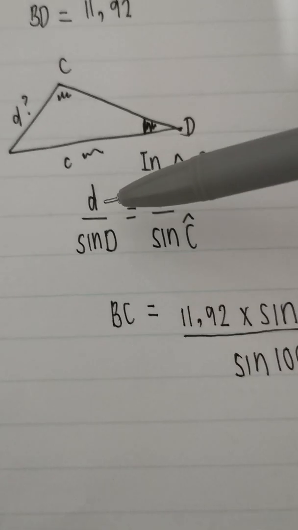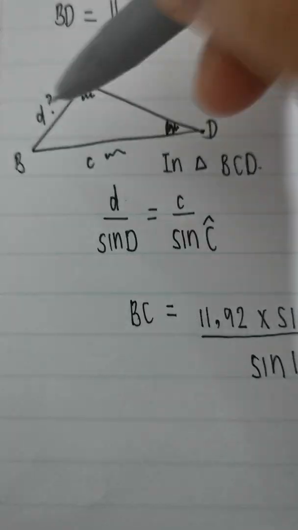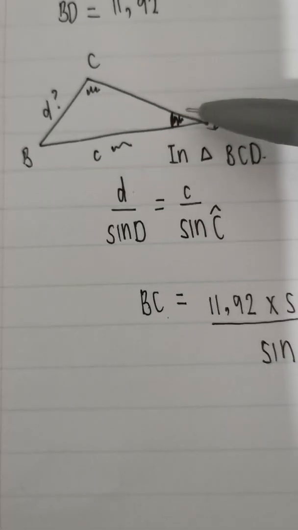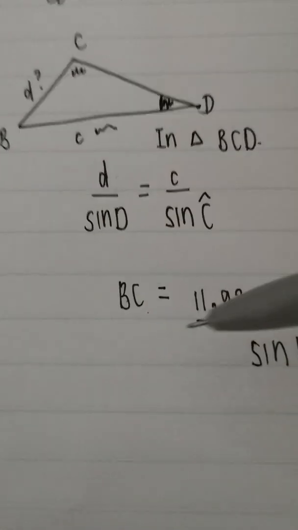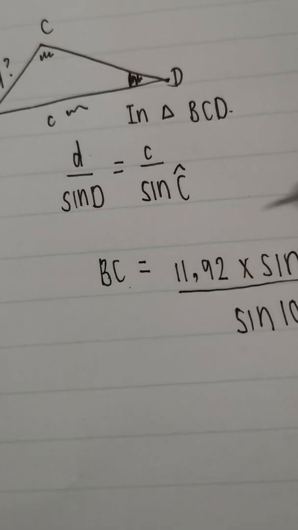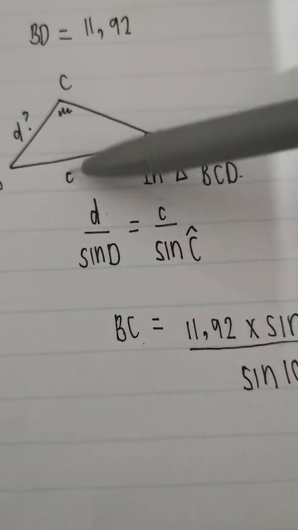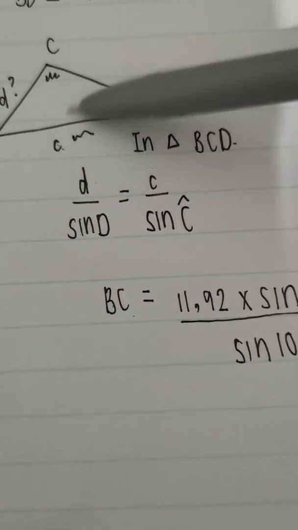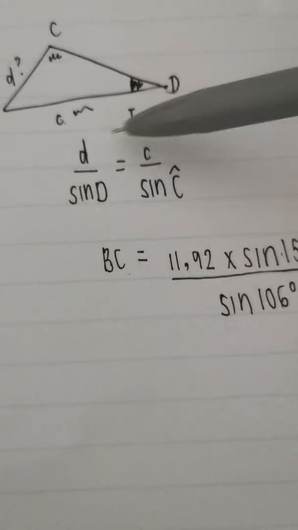I know that side d was this one here and it's actually BC, so that's what I filled in. It would have been BC over sine of angle D. Remember we said angle D from the diagram was 15 degrees. But in one step, I just multiplied it and put it over there. The 11.92 is the BD, which is opposite angle C, so sine of angle C, which was 106 degrees.